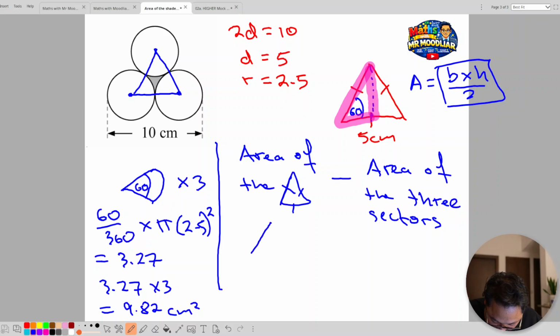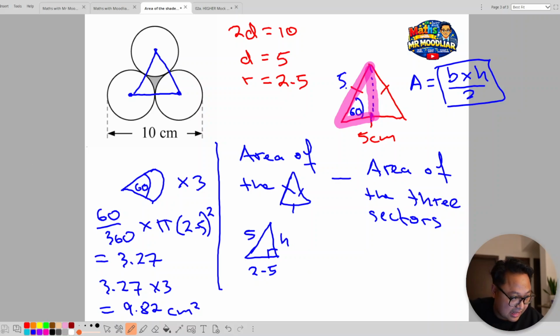So, right angle triangle. Remember this side is 5 centimeter. Because I cut the triangle in half, this would give me 2.5, and this is 5. And then I'm going to call this one h, which represents the height.